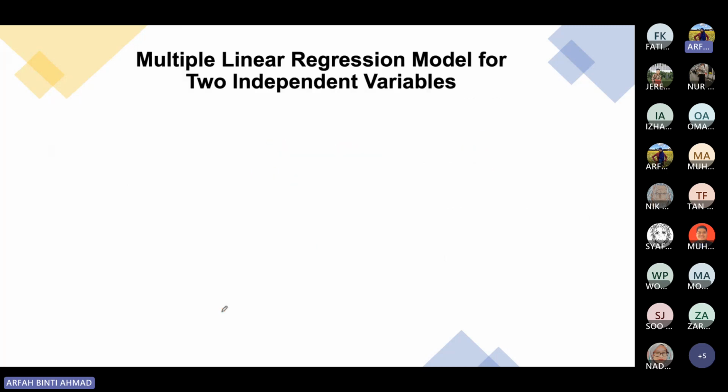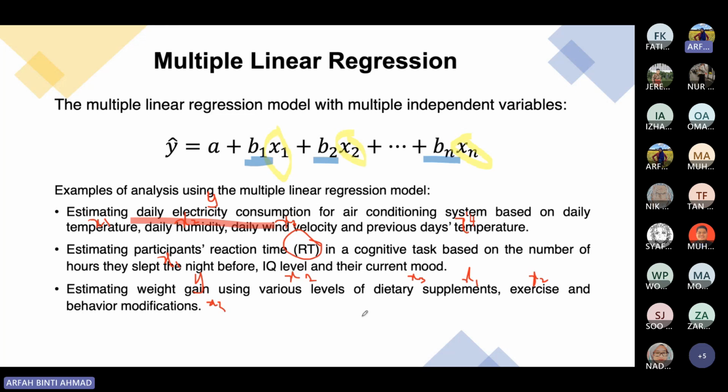Okay, so these are examples of a multiple linear regression model. It is actually an extension from what you learned in chapter 6, the simple linear regression model. And we are still dealing with linear. That is why you have x1, x2. You don't have to the power of 2, to the power of 3, and so on.